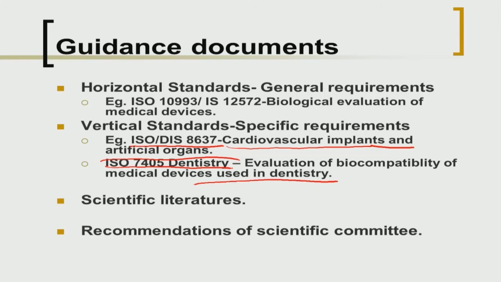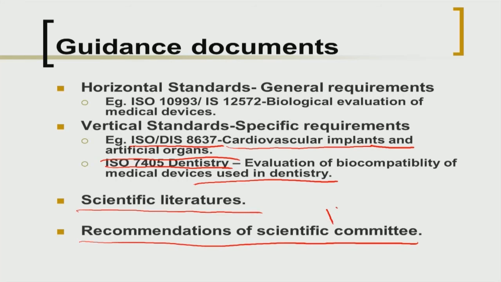Apart from that, published literature available in peer reviewed journals can also be used to design the animal experiments, along with the recommendations of the scientific committee like the Institutional Animal Ethical Committee, IAEC.